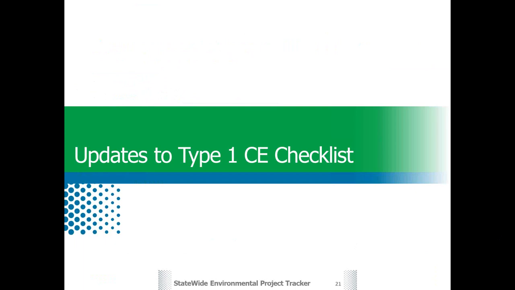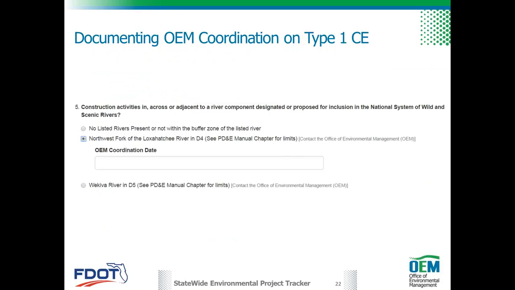And moving on to updates to the Type 1 CE checklist, there have been several changes recently, some corrections and some stricter validation, so I want to highlight those. Particularly, question 5 now, wild and scenic rivers.